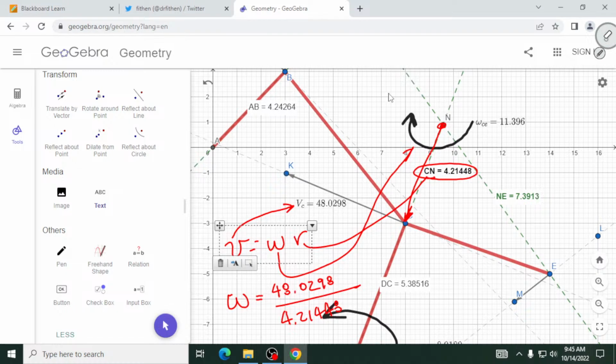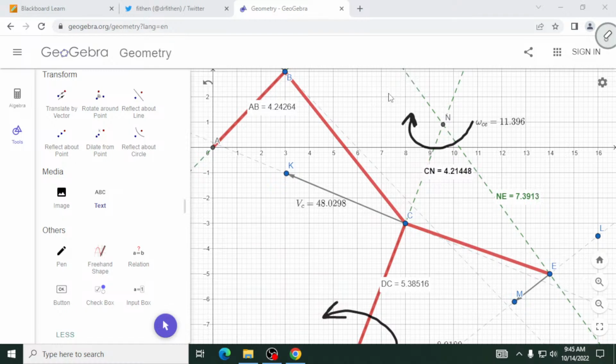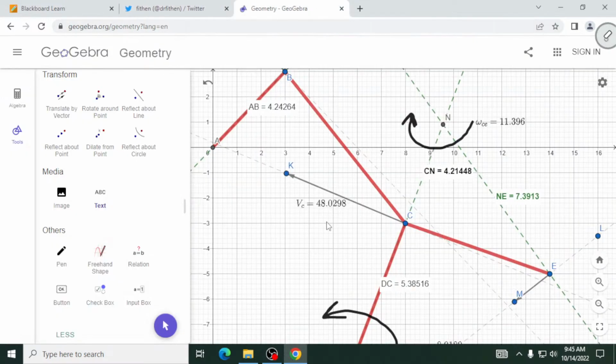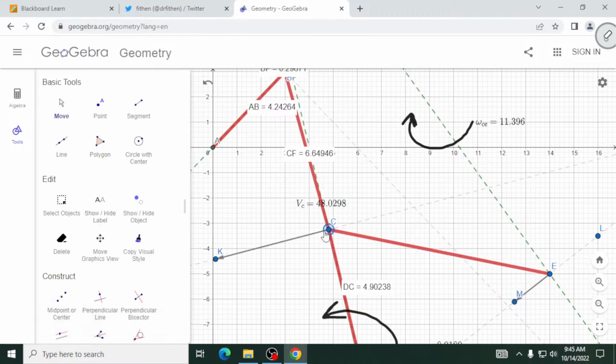Now that I've got all that, I can erase all this extra markup on top of that. And now I want to know the velocity, finally, of this pin E. In this case, it wasn't necessarily a pin, it was the piston here. So I want to know the velocity of that piston, and it's obviously coming down to the left. So let me go to the top and do a move.